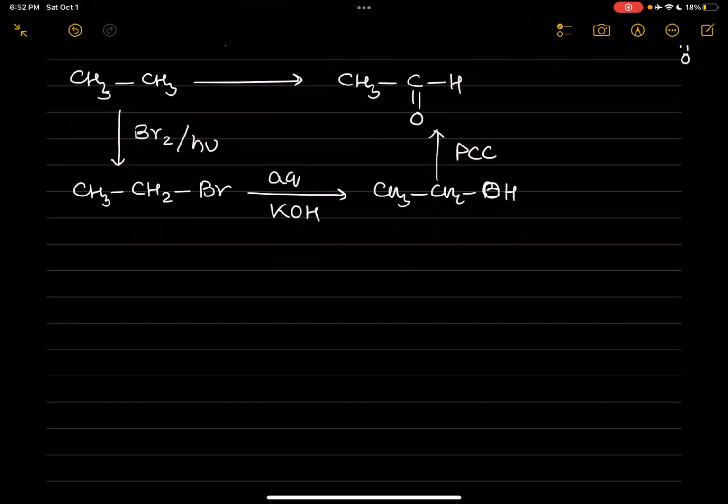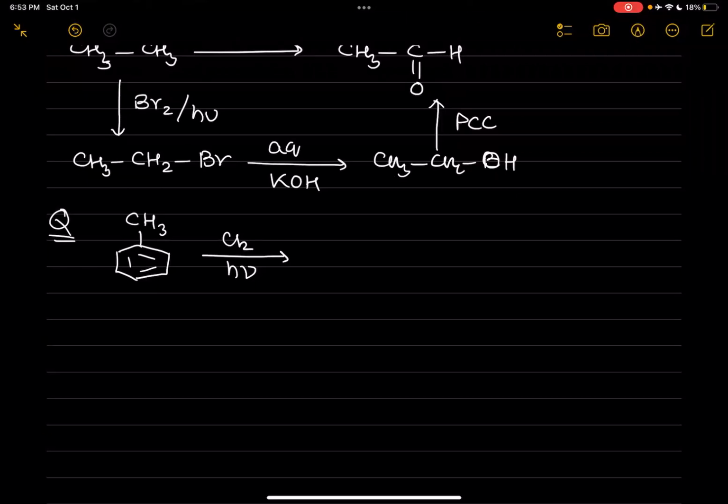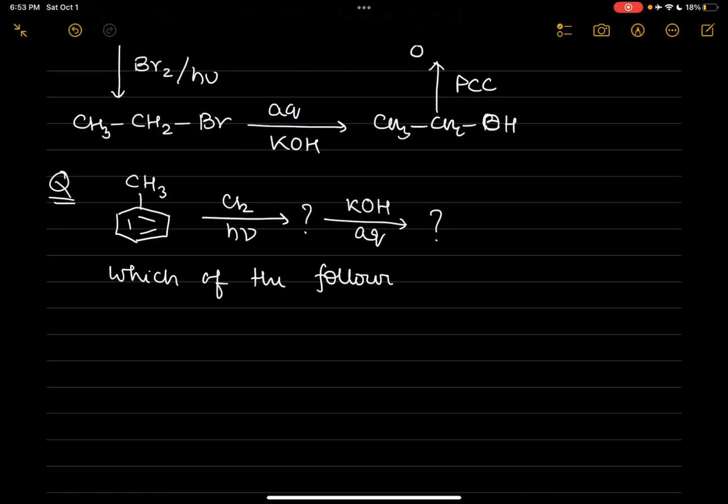There is a very famous question asked in many examinations. Suppose you have toluene, methyl benzene, and you did chlorination, and then you reacted it with aqueous KOH. Which of the following products cannot form in the reaction?